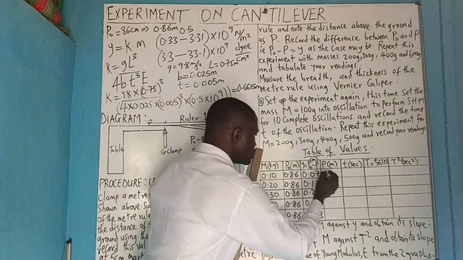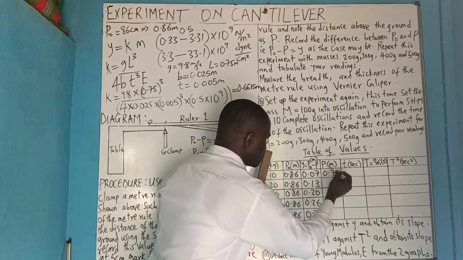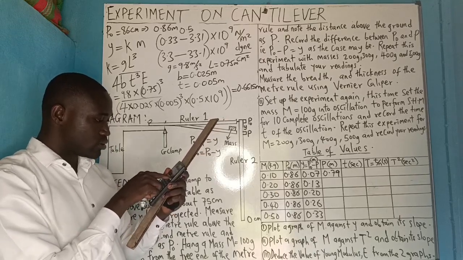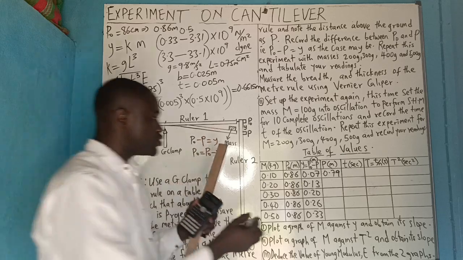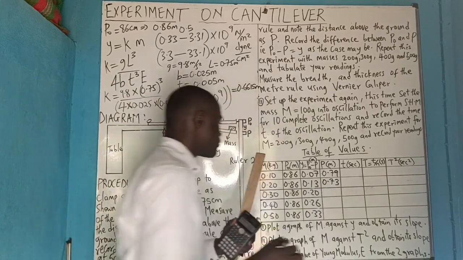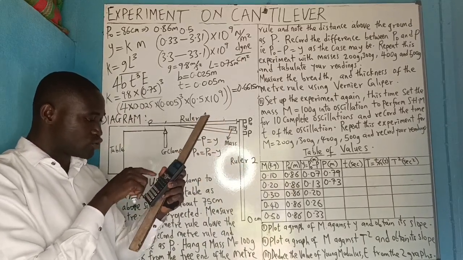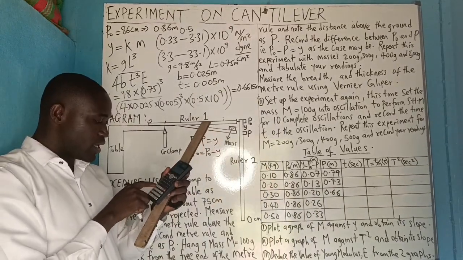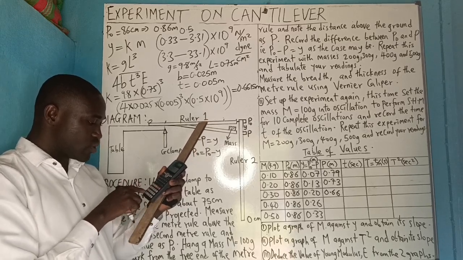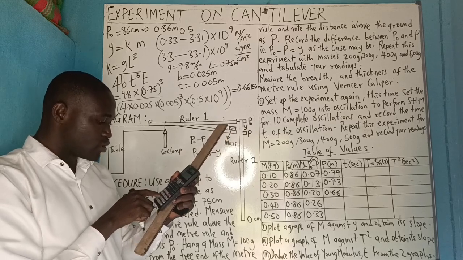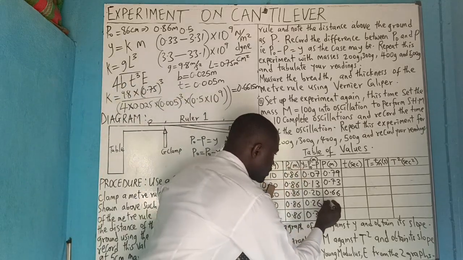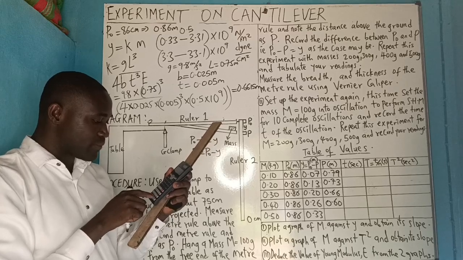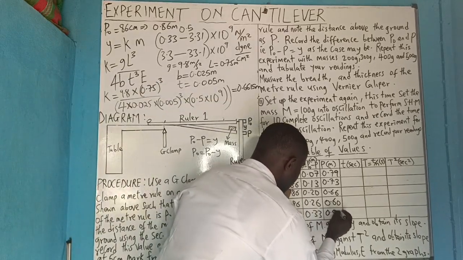What will it be giving you? 0.79. 0.86 minus 0.13 will be giving you 0.73. 0.86 minus 0.20 will be giving you 0.66. 0.86 minus 0.26 will be giving me 0.60. 0.86 minus 0.33 will be giving me 0.53.